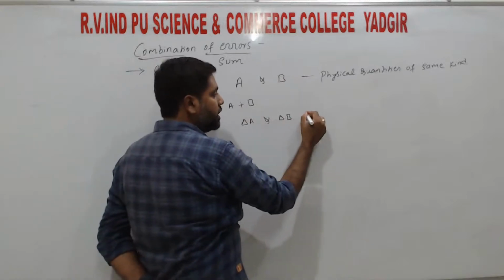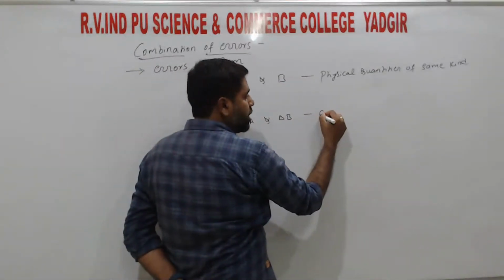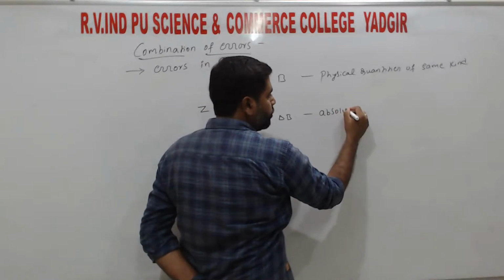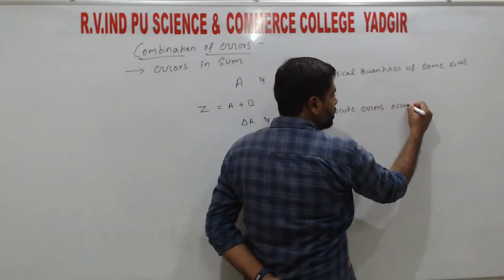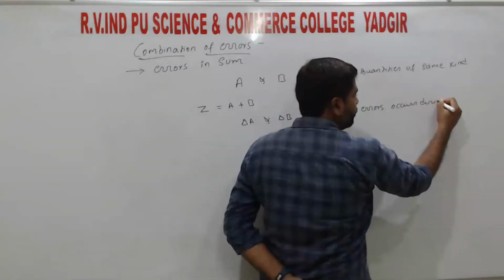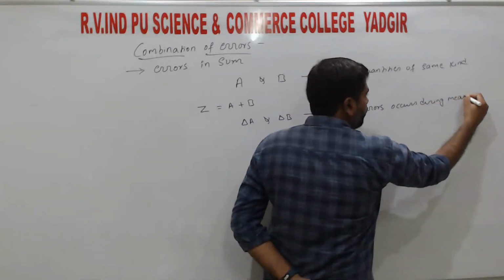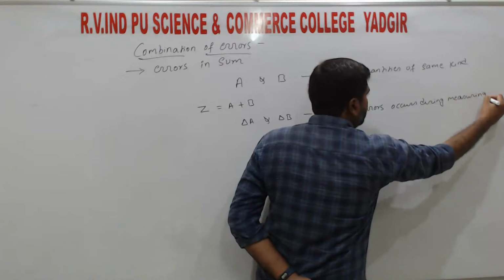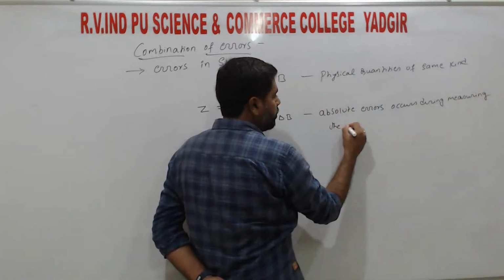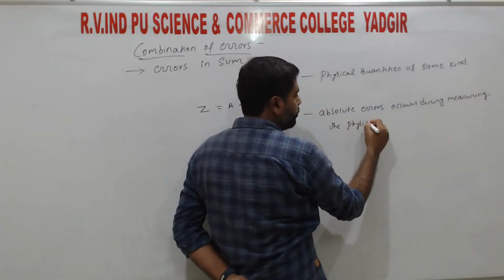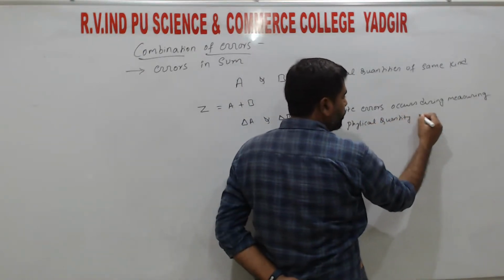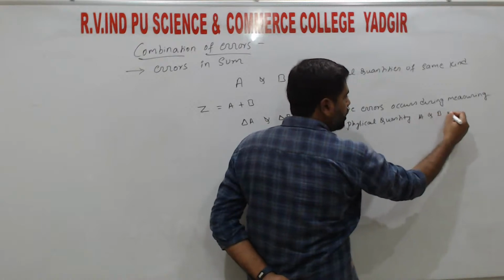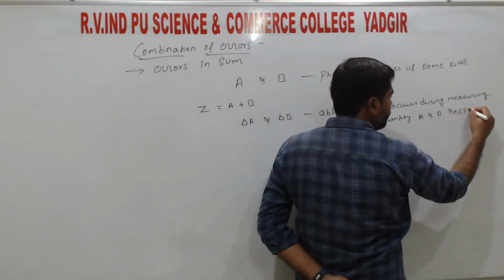So delta A and delta B are the absolute errors that occur during measuring the physical quantities A and B respectively.